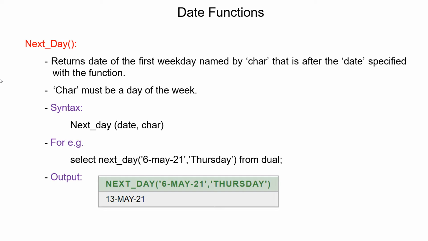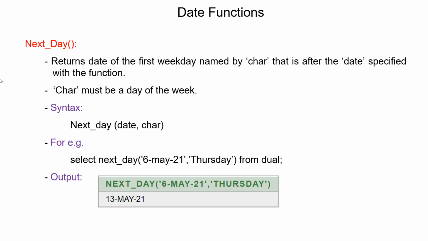Date means you are going to specify the date and char means it will be a day of the week. So what it will do is find out, after that date, when that next day is going to come, and that date will be returned as output.